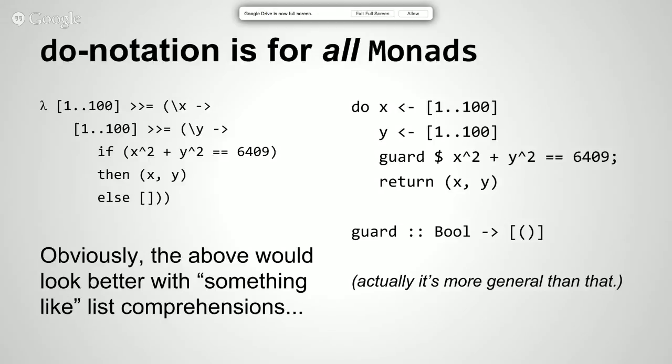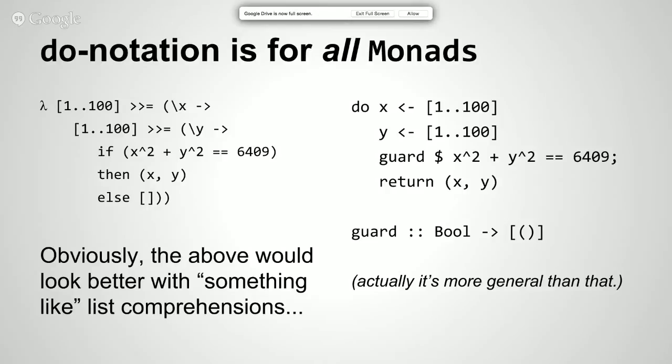We have this thing called guard, which I think is part of MonadPlus, which is fail done properly. But we're saying, okay, let's do x selected from 1 to 100, y selected from 1 to 100. Let's fail all the computations where x squared plus y squared isn't 6409, and in the ones that remain, let's return x pair y.